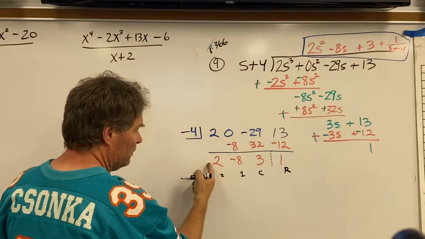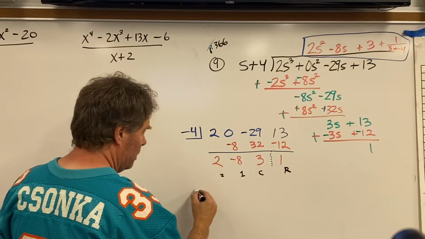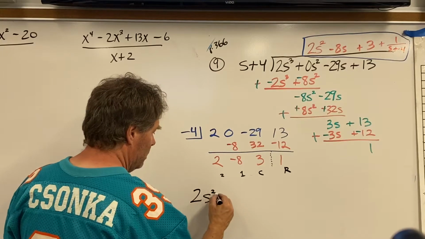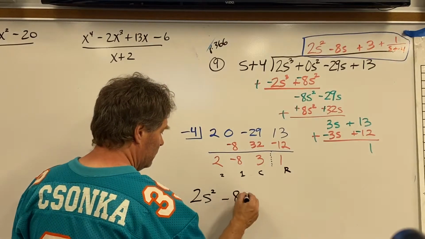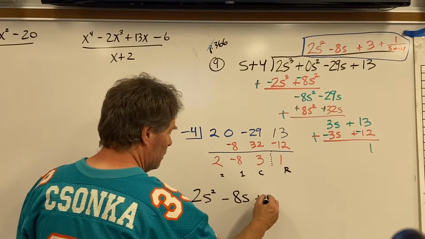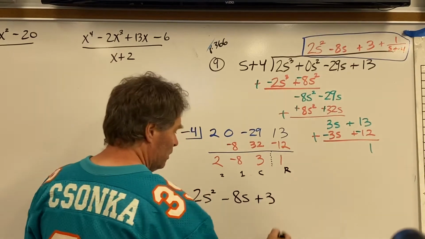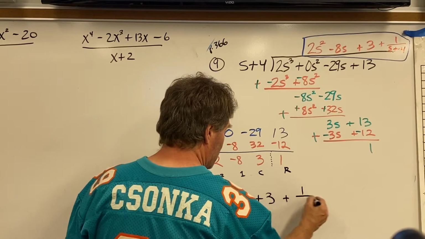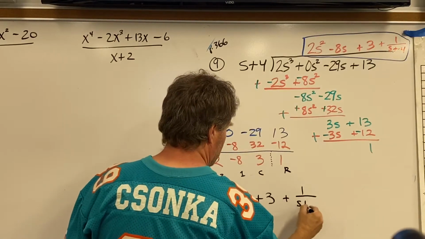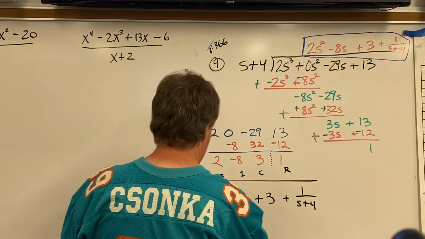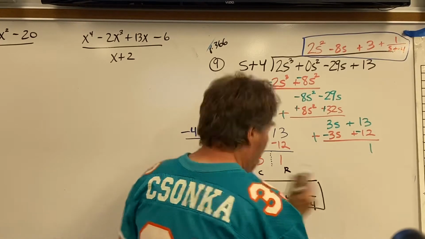It's going to be this guy times the variable squared, so 2s squared minus 8s to the first power, plus 3 is the constant, and then 1 is the remainder, so it'd be plus 1 over what we divided by, s plus 4, and oh my gosh!